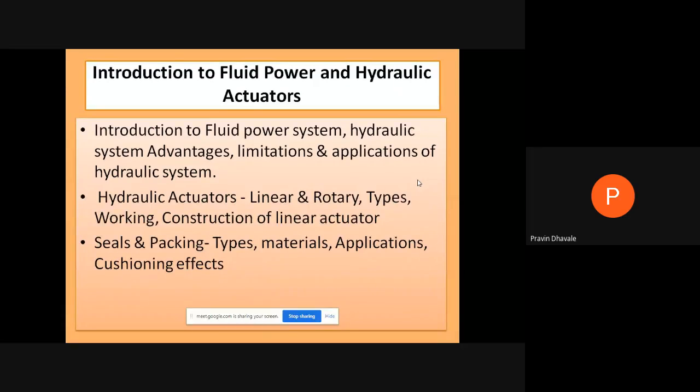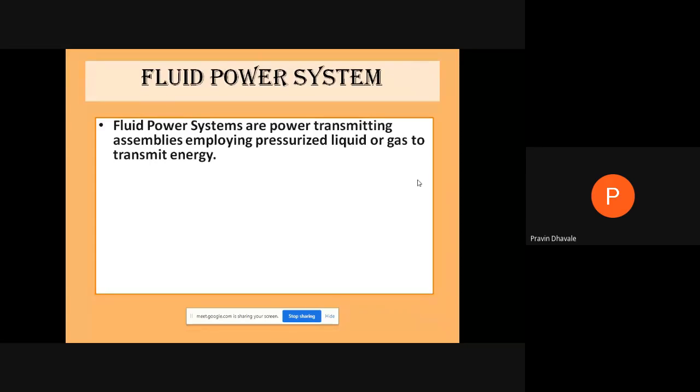So we see the different types of linear actuators and rotary actuators. As far as linear actuators are concerned, they are specially a hydraulic cylinder or cylinders. And as far as rotary actuators are concerned, they are the motors that we have covered in the last 2 to 3 lectures.